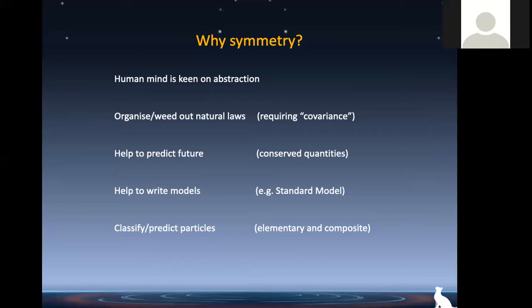The second point is that symmetry helps us to predict the future, or at least to constrain it, because we will see that symmetries are related to conserved quantities. So if we have a dynamical system, or even the whole universe, or a system in the lab, to stay concrete, and it is very complicated to solve and predict its future, we can nevertheless invoke conservation laws.